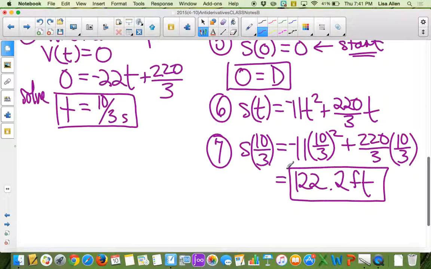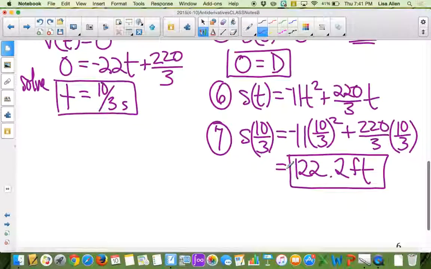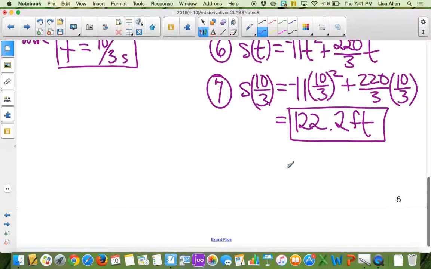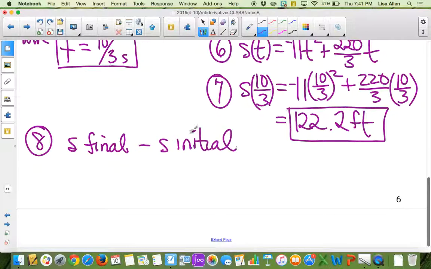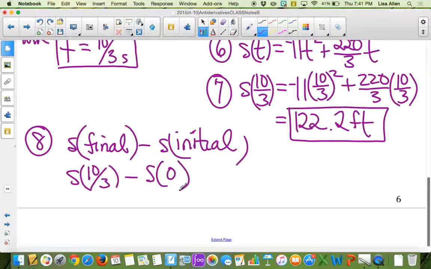Remember, this is a car that's probably going in a straight line. You're talking about linear velocity again. So for number 8, to finish this off, the grand finale, the whole enchilada, we have S final minus S initial, which is S of 10/3 minus S of 0, which is 122.2 minus 0, or 122.2 feet.